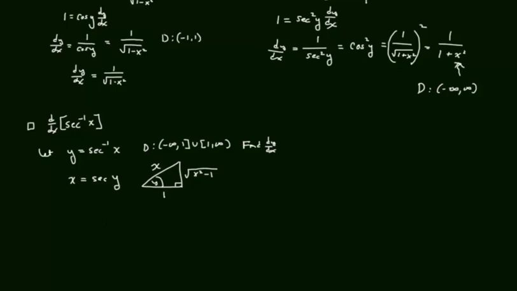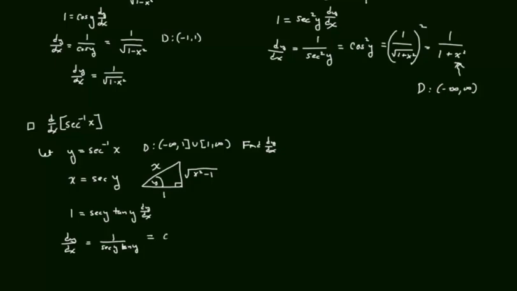That's what we use later. We do our implicit. 1 equals secant of y, tangent of y, dy/dx. So dy/dx, the thing we're trying to find, equals 1 over secant y, tangent y.